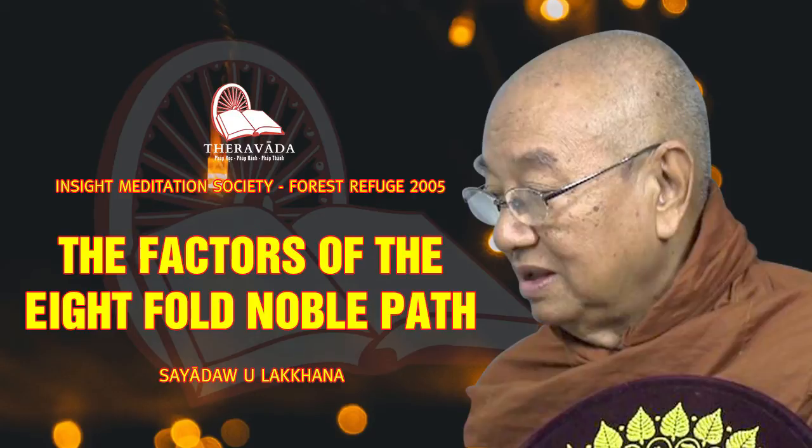One is also undertaking to abstain from samphappalapa vaca, from frivolous speech, or speech which has no meaning. All four of these are included when one undertakes this precept to abstain from lying and false speech. Musavada veramani sikkhapadam samadiyami. In this way, this path factor of samma vaca, of right speech, is fulfilled.